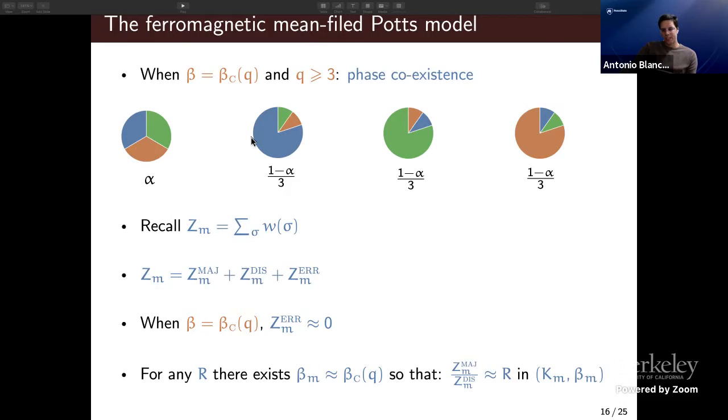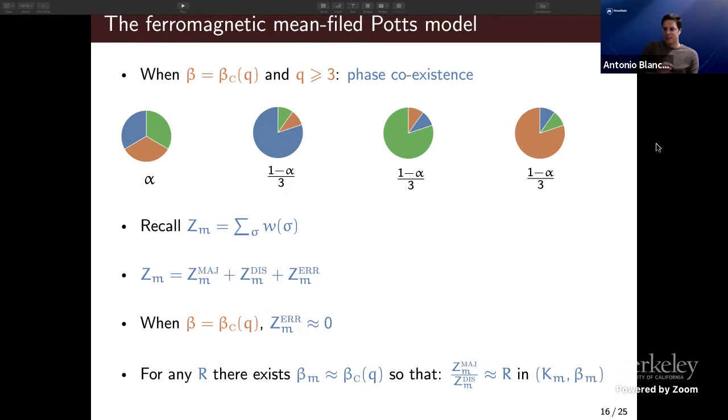But with probability 1 minus alpha, you're going to get one of the three: mostly blue, mostly green, or mostly red, where there is one dominant color, right? So this is called phase coexistence because you can have these very different behaviors at the critical point.